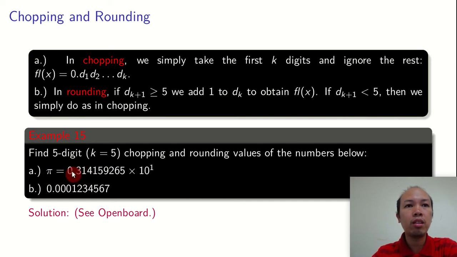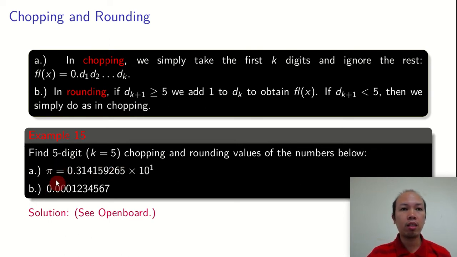In letter A, in example 15, as you can see, the given is already in the floating point representation. We know that pi is 3.1416 and so on and so forth. So this given is already written in the floating point representation, if your x is pi.